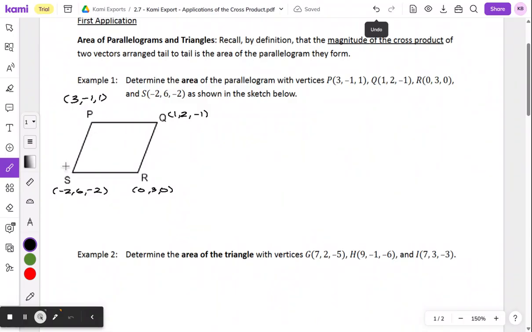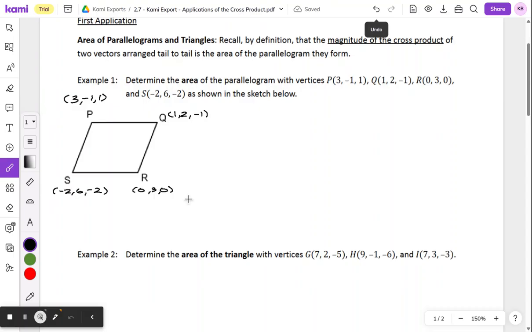So I could pick the vectors that come together, tail to tail, SP, SR. Or I could pick the vectors that come together at R, so RQ, RS. Any of the four corners, you could pick the vectors emanating from those four corners, and you will get the same answer, because it's scalar that we're calculating, the magnitude.